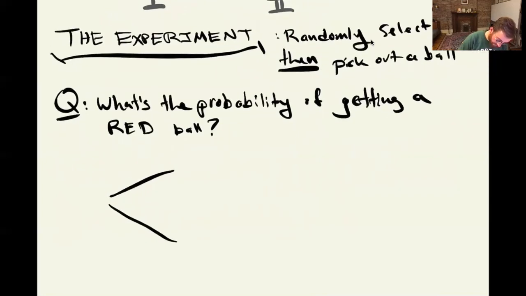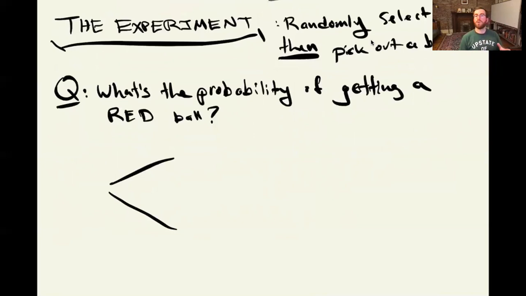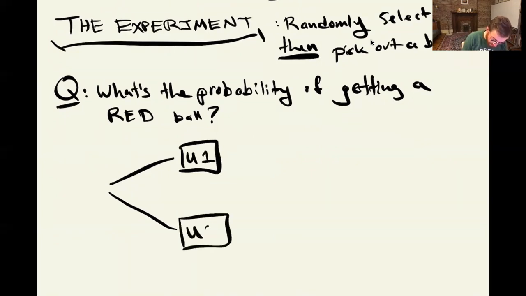So first of all, here we are. We haven't done anything yet. One world, we're going to pick urn 1. So this is our urn 1 world. I'll call it U1. And in another world, we're going to pick urn 2.